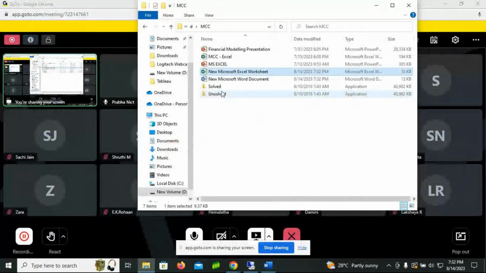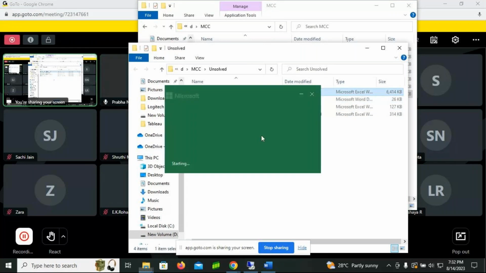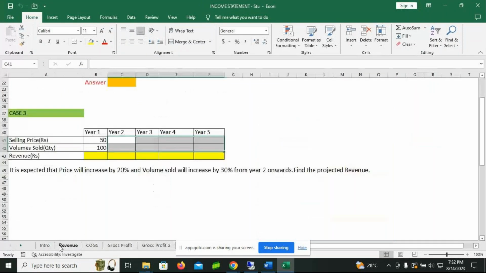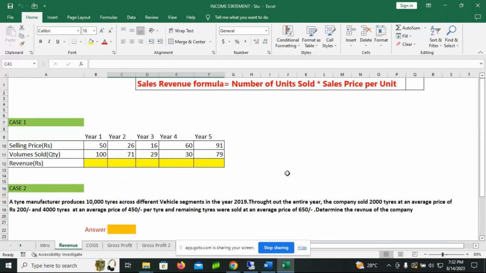I wanted you people to solve the ones you have downloaded. Once you are done with the revenue part, case 1, case 2, tell me. I will show you how the calculation was done, and you can check your answer.